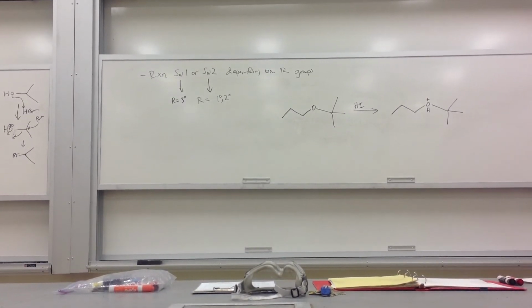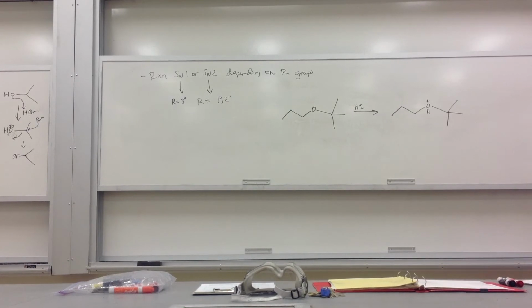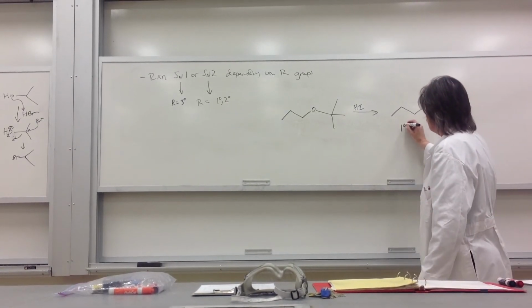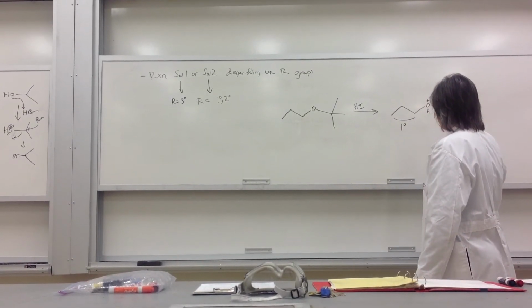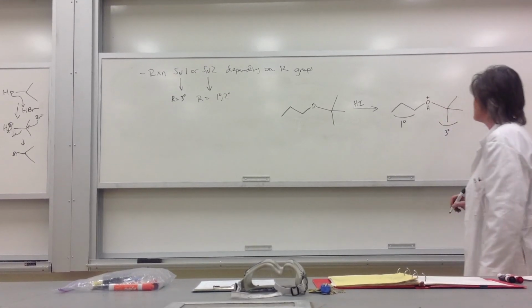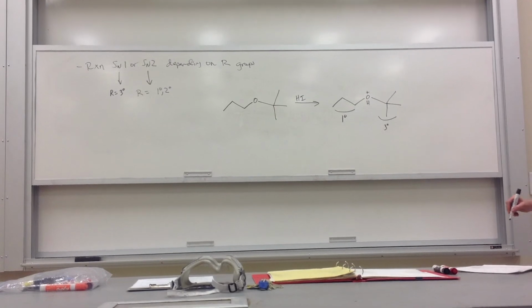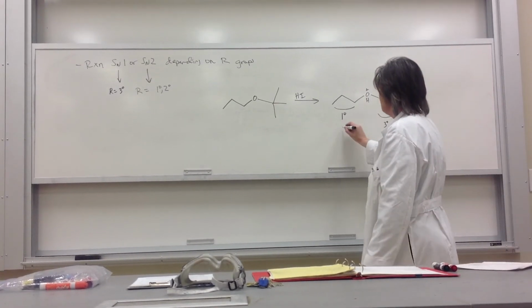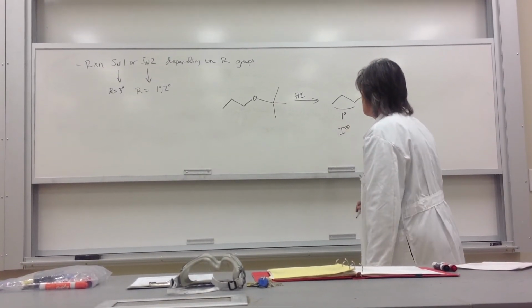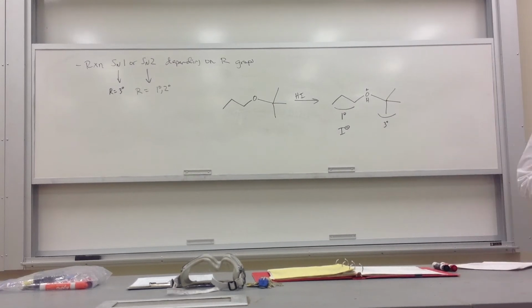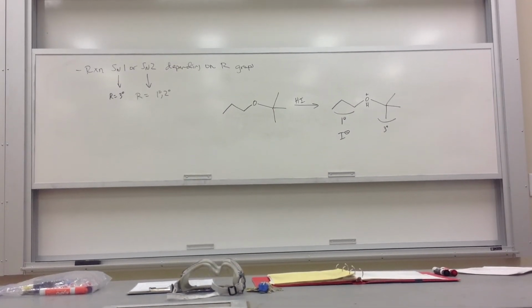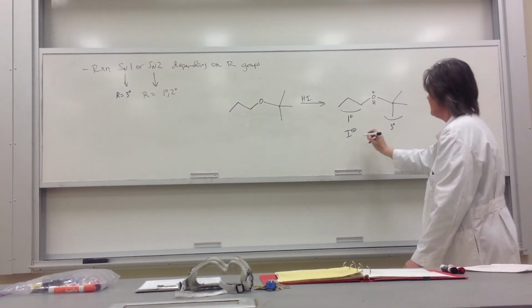And now I have some decisions to make. I have a primary R group here on this side. I have a tertiary one here on that side. My nucleophile is I minus. So what kind of nucleophile is that? Really good nucleophile.